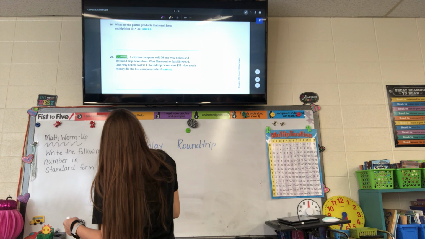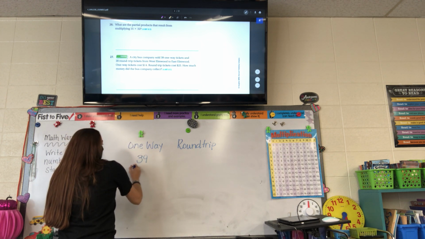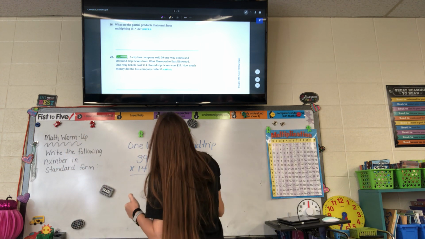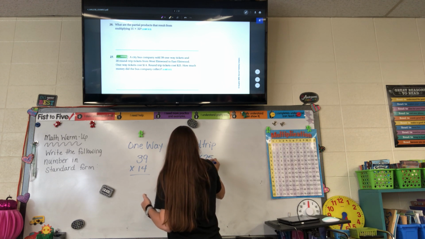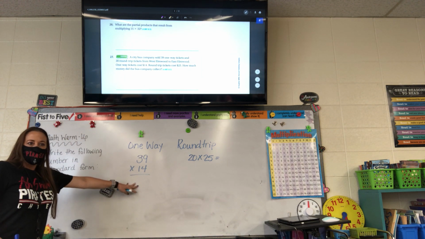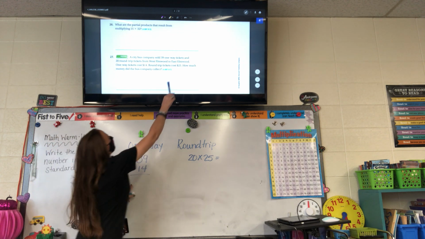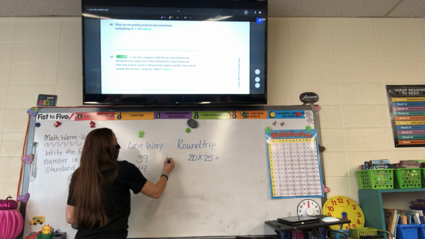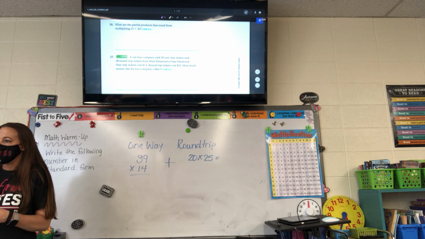The one-way tickets, they sold 39 of them, and they cost $14 each. And the round-trip, they sold 20 of them, and they cost $25 each. What you're going to figure out is the answer to this problem and the answer to this problem, and then it wants to know how much money did they collect all together. So then you're going to add those 2 answers together. Okay?